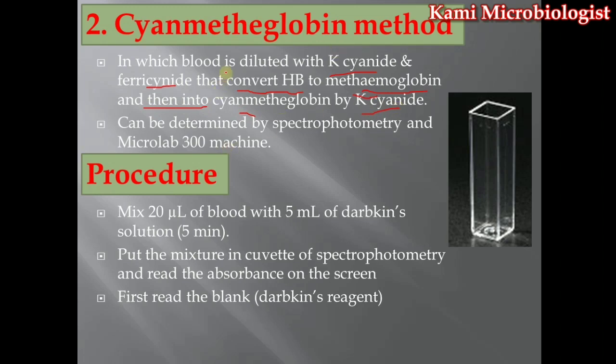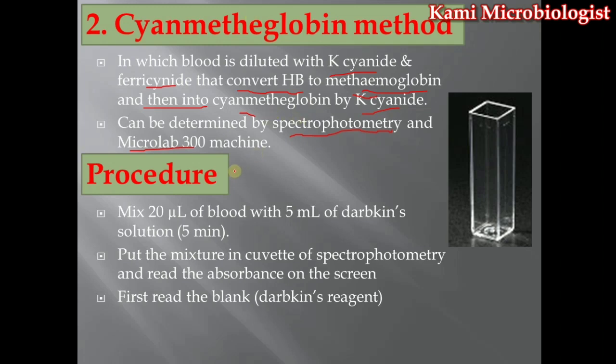Now once the conversion is done, what do we do after that? It should be determined using a spectrophotometer or Microlab 300 machine. Using these two machines, we will estimate the hemoglobin concentration.